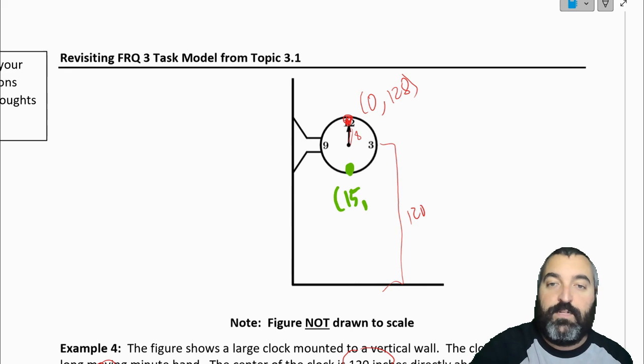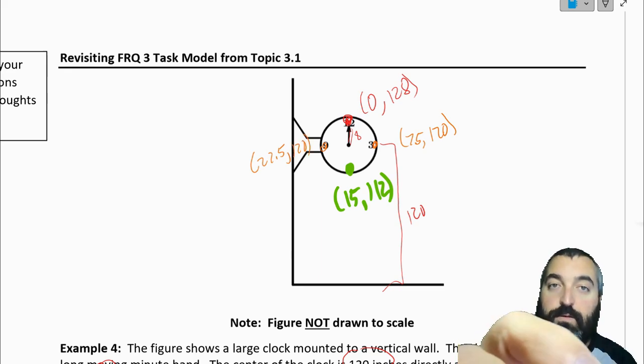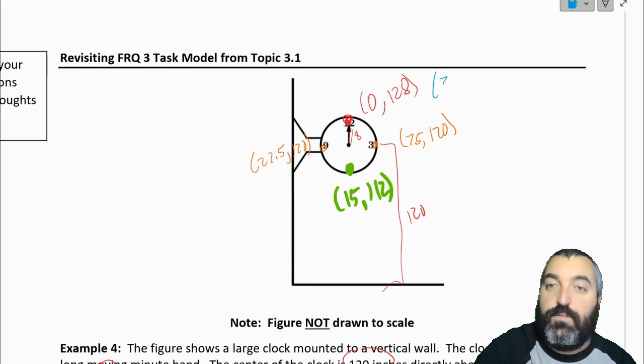It would be 15 minutes. Well, that would be 120 minus 8. So this is 112. And then, talking about these guys, well, these are at 120. And it's 7.5. And then this is 22.5 minutes. And then we are back at the top after 30 minutes. We are back to 128.